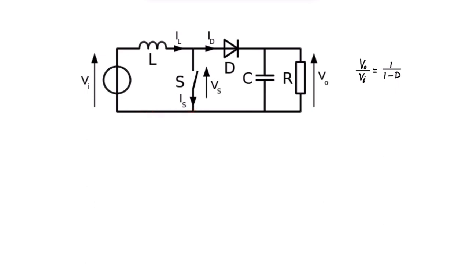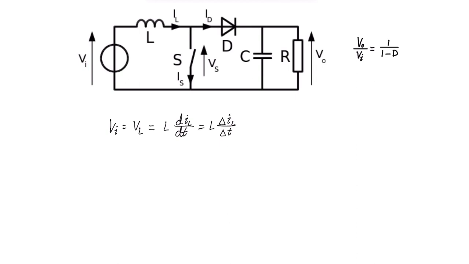So this means that VI equals VL, okay? And VL equals L multiplied by dIL over dt, which is again equal to the numerical way of writing this, which is like this.